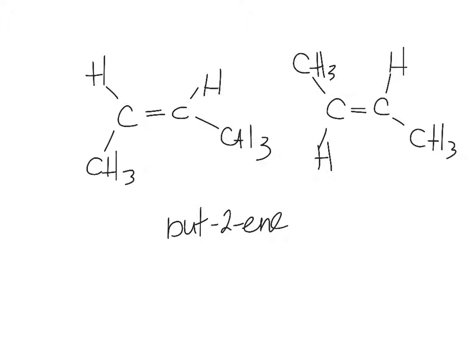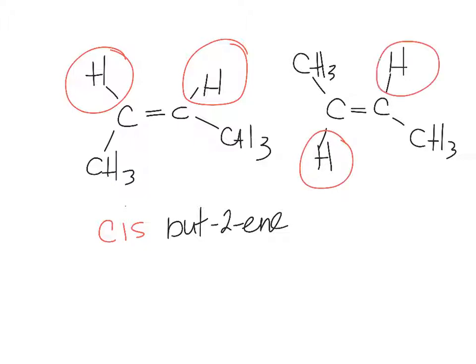Here, the hydrogens are on the same side. It's a cis isomer, cis means same. Here, they're on opposite sides. This is trans but-2-ene.